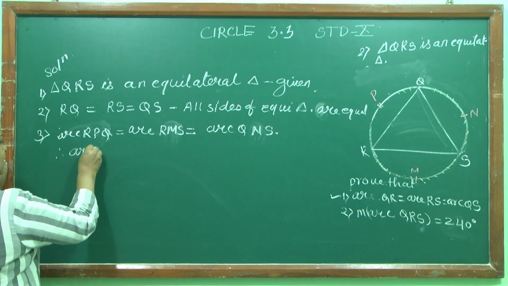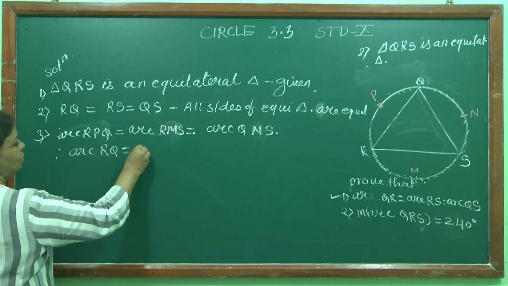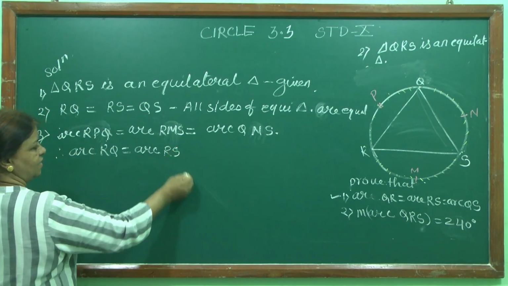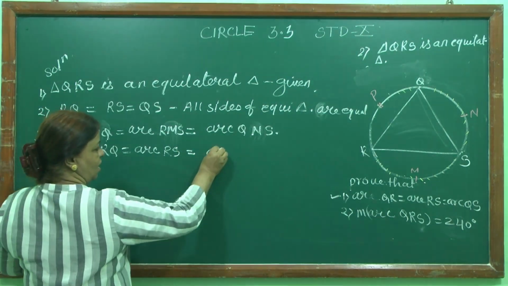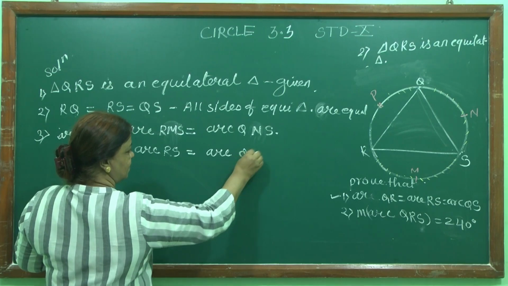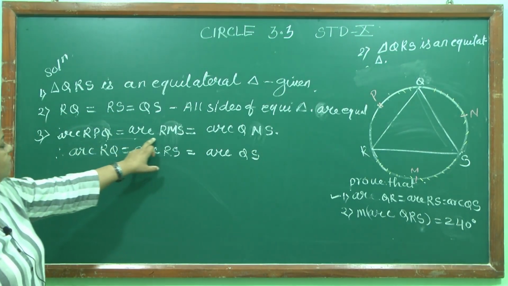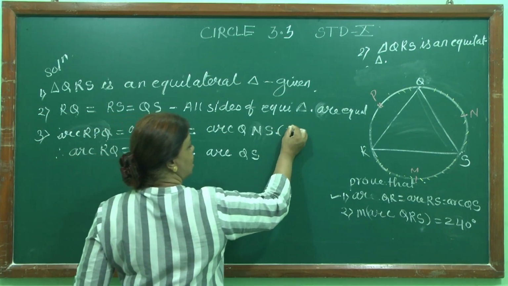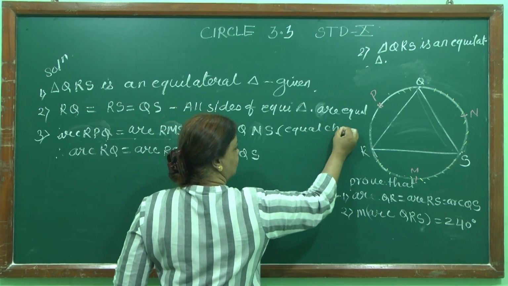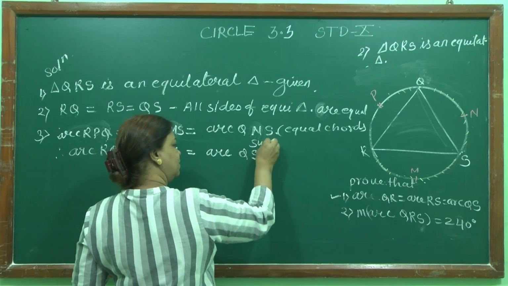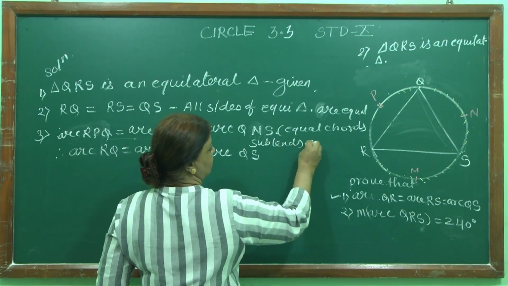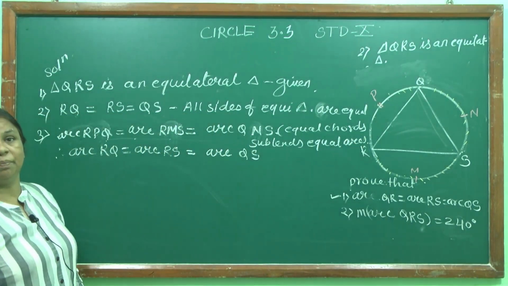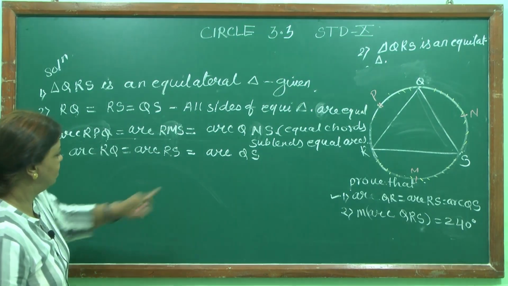Therefore, arc RQ is equal to arc RMS, which is nothing but arc RS, which is equal to arc QS. And why are they equal? Because the chords are equal. So we can write here: equal chords subtend equal arcs. This is the reason, very important. Equal chords subtend equal arcs. Then this is proved.